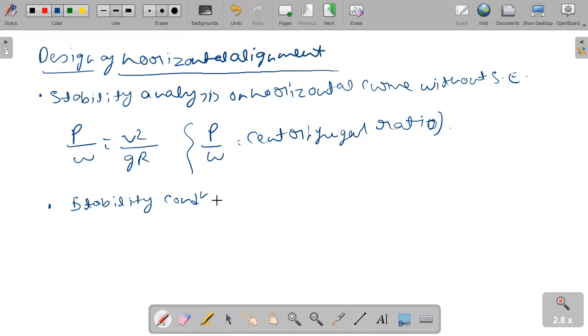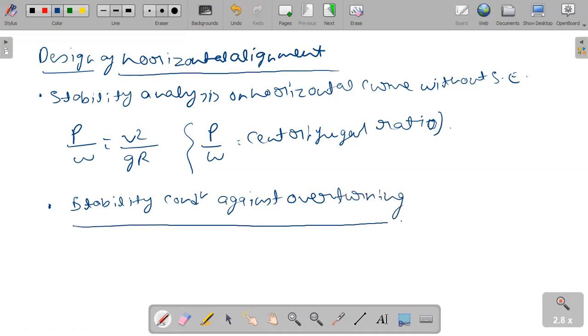For this, we have a formula like P by W less than or equal to B by 2H. What is B here?